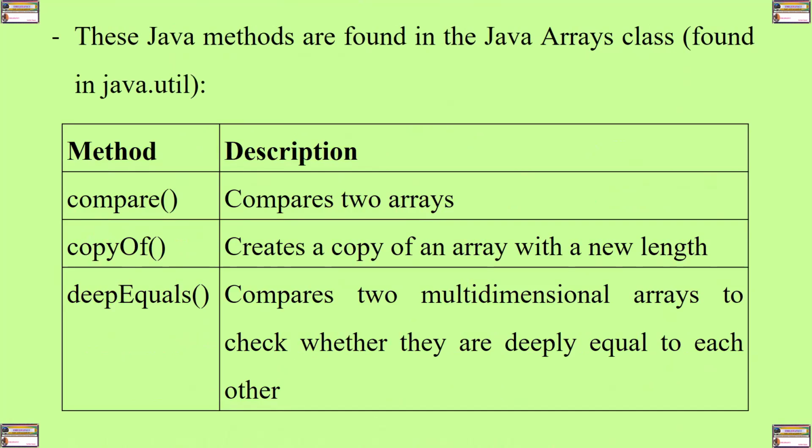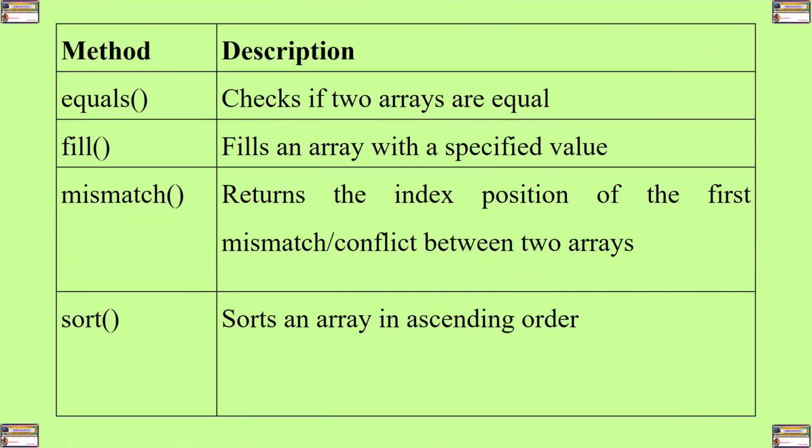The compare method compares 2 arrays to see if they are the same. copyOf creates a copy of an array with a new length. The deepEquals method compares 2 multi-dimensional arrays to check whether they are deeply equal to each other. The equals method checks if 2 arrays are equal.